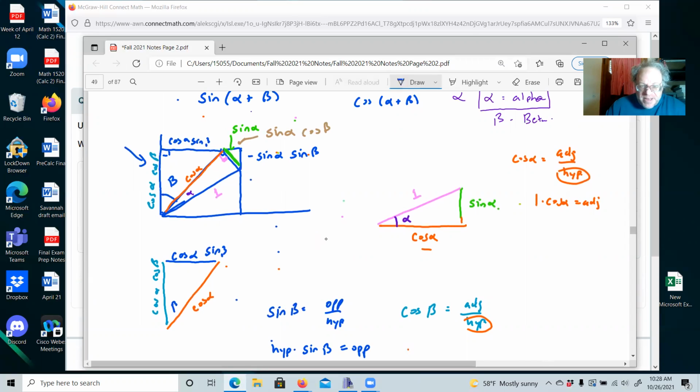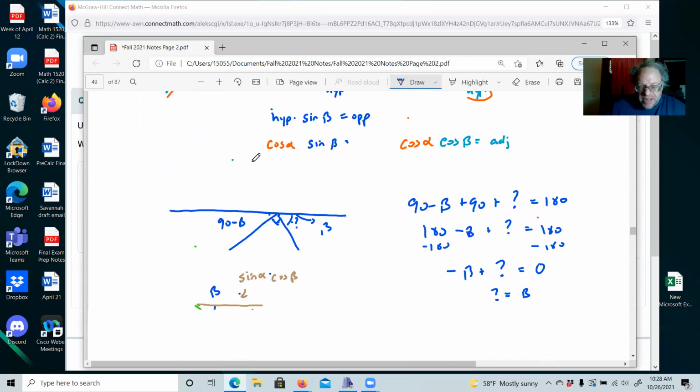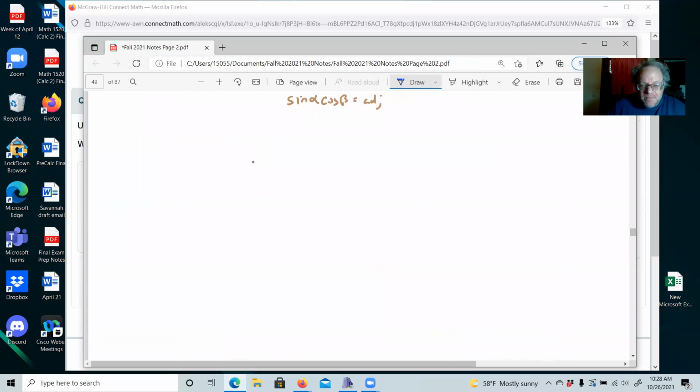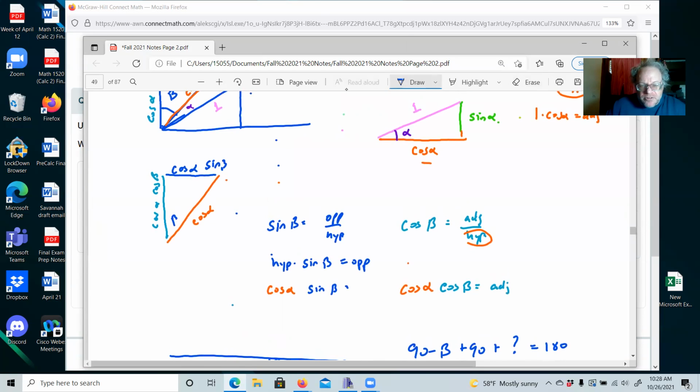So we need this bit here. Let's go ahead and make a little triangle here so we can work on it. Nice if that was straight. Okay, pretend that's straight.